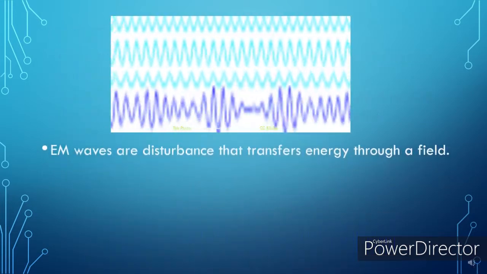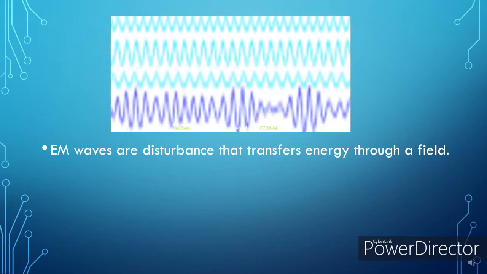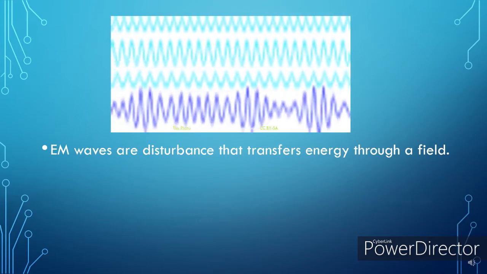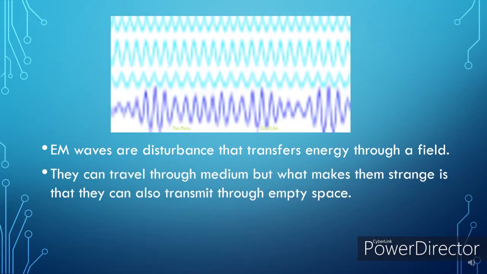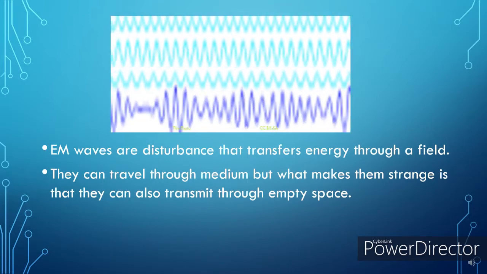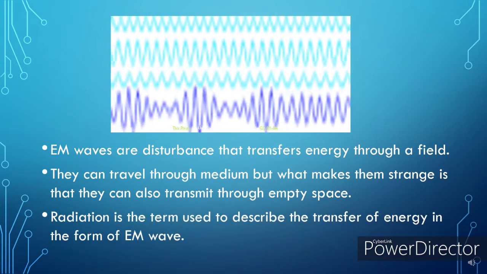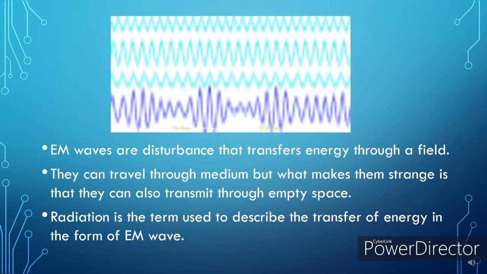EM waves, on the other hand, are disturbances that transfer energy through a field. They can travel through a medium, but what makes them strange is that they can also transmit through empty space. Radiation is the term used to describe the transfer of energy in the form of EM wave.